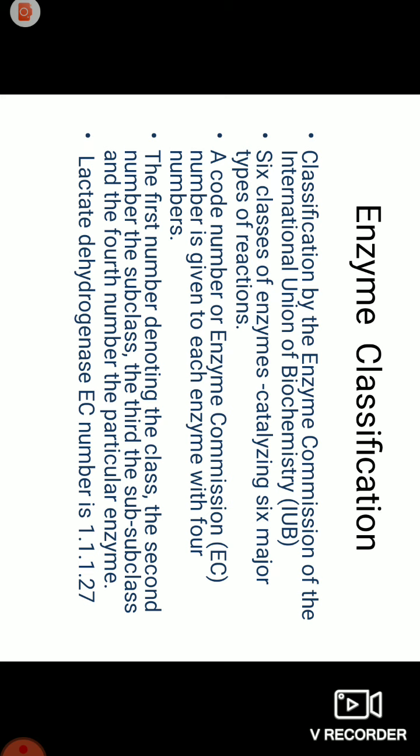So you can't see any other enzyme which has the same number, that is 1.1.1.27. It depicts lactate dehydrogenase, but you can see other numbers like 1.1.1.26. That is not lactate dehydrogenase because the last number is 26, not 27.